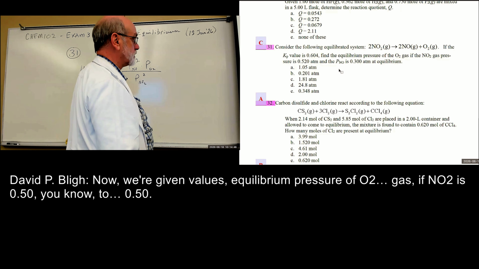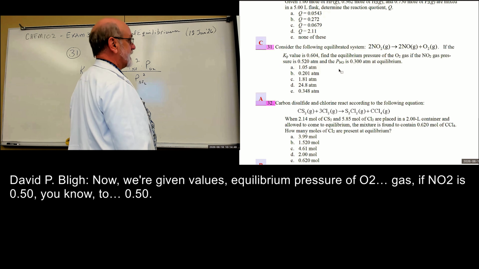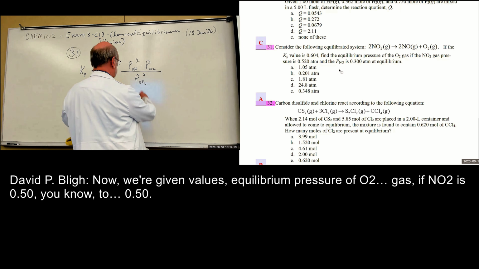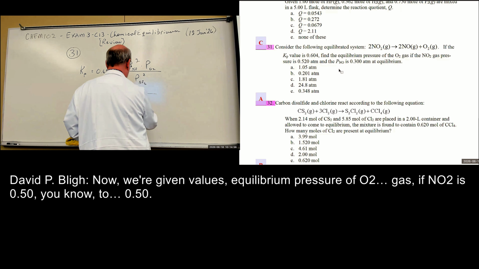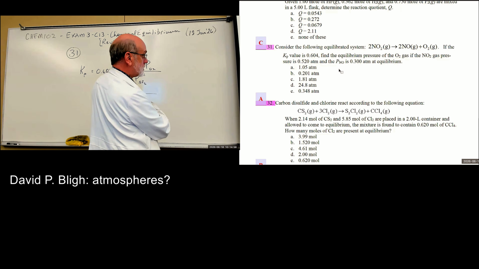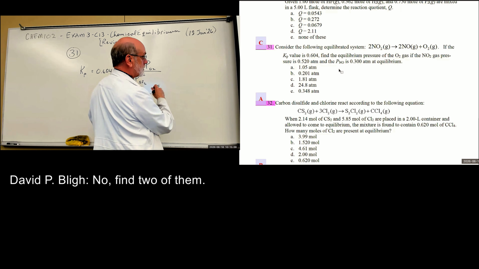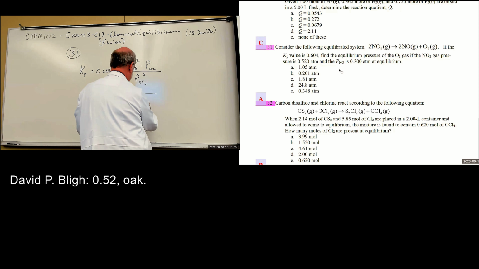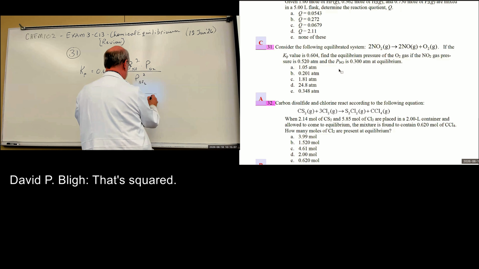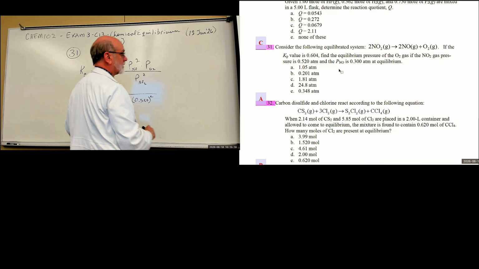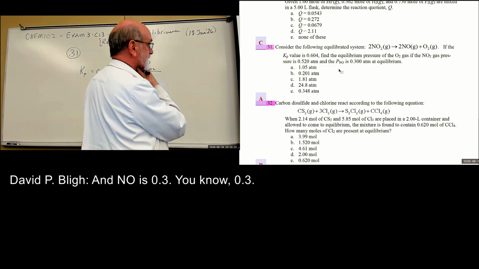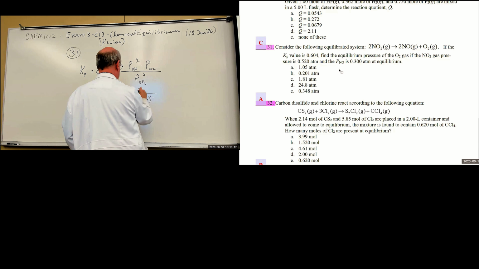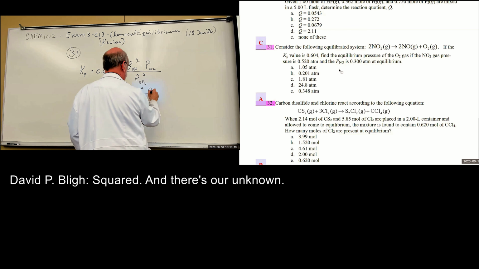Now, we're given values. NO2 is 0.520 atmospheres, squared, and NO is 0.3, squared. And there's our unknown.